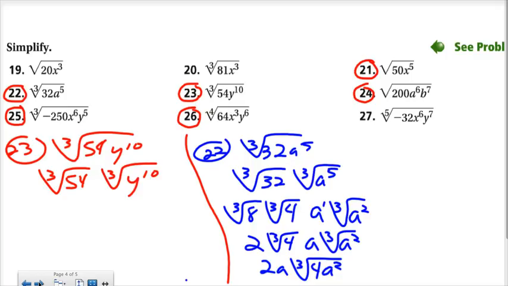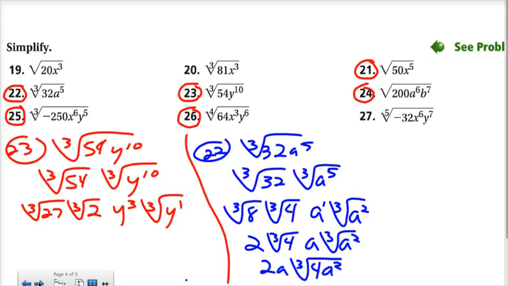So cubed root of 54, again, I'm thinking it has to be something pretty small. So 2 to the third is 8. No, that's not going to work here. But 3 to the third is 27, and 27 definitely goes into 54 twice. When we get to our variables, 3 goes into 10 3 times, but with an ugly remainder of 1.